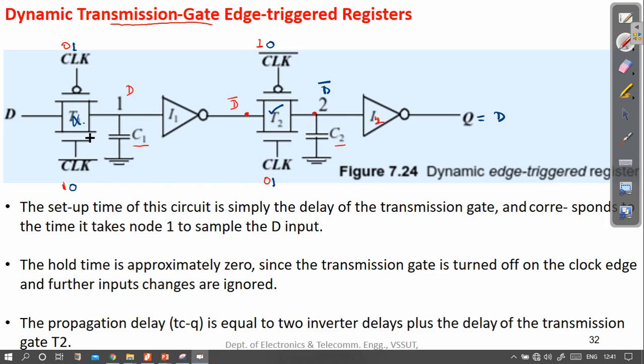So for the first half cycle of the clock signal, the first transmission gate samples the input to this node, and for the second half of the clock cycle, T2 samples this intermediate data to the final output node, that is Q. This is how it will be able to store the data at Q.